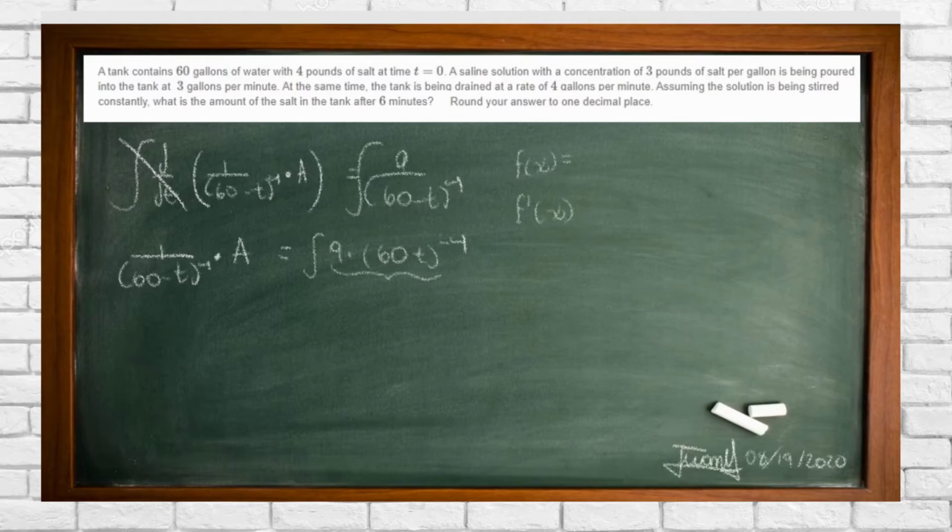So if we know that, due to the power rule, once we derive an equation we are basically subtracting from the exponent, it makes sense that our original function should be 60 minus t to the negative 3, because when we go to the derivative, it's going to be minus 1, so 60 minus t to the negative 4. So for that part, we are good. 9 is a constant, so it stays the same.